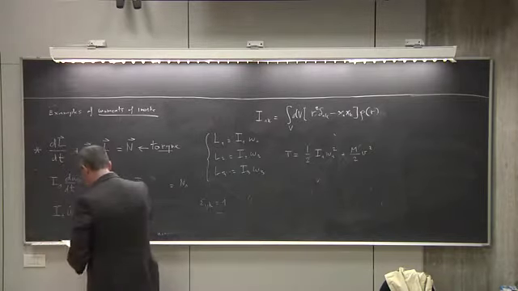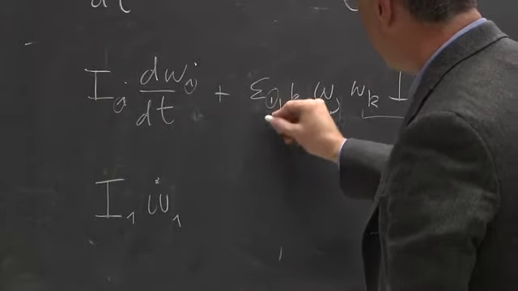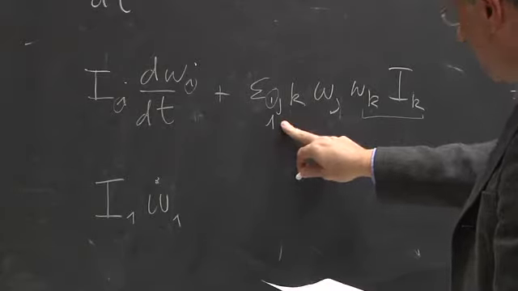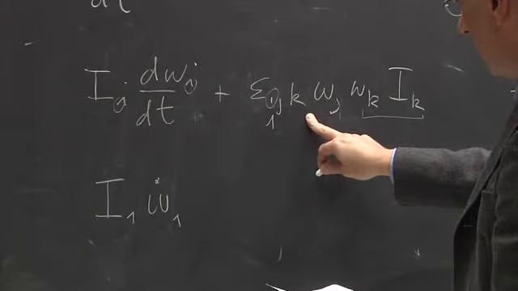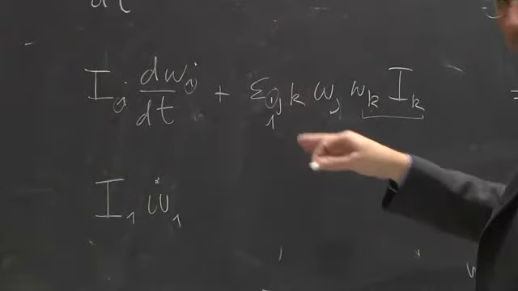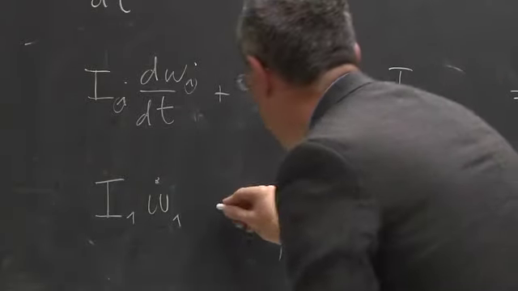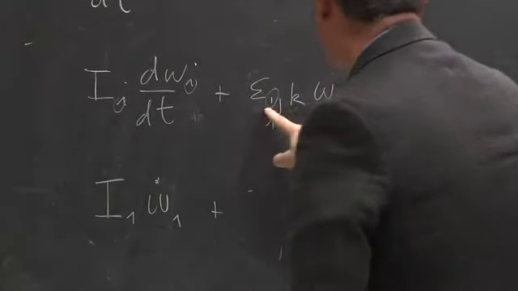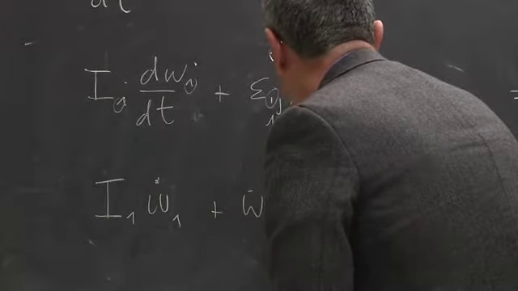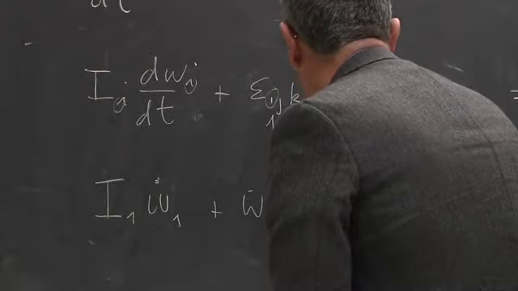Then I take, you see, this is 1 now, right? So this should be 2, 3, or 3, 2, right? If two are equal, it's 0. So I have epsilon 1, 2, 3, so omega 2, omega 3, I3.